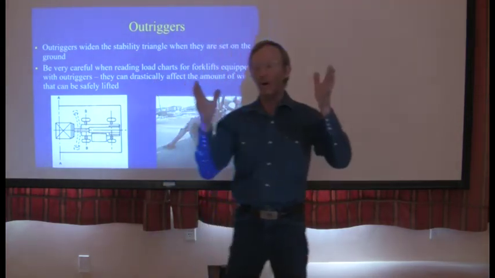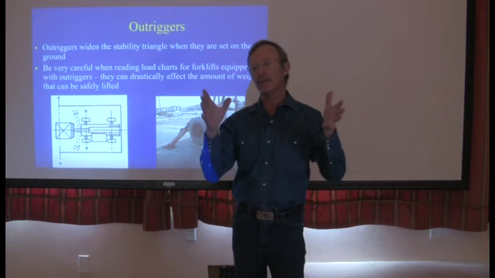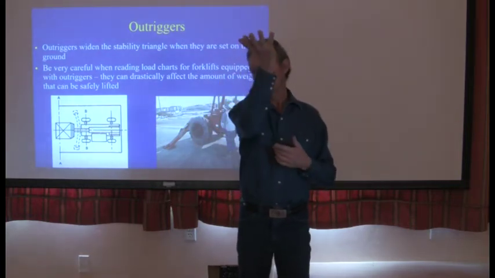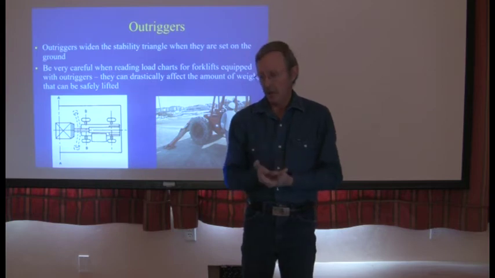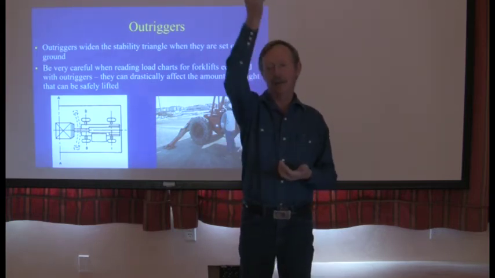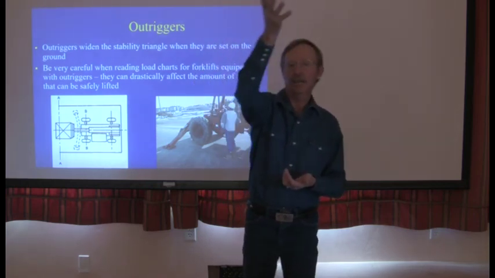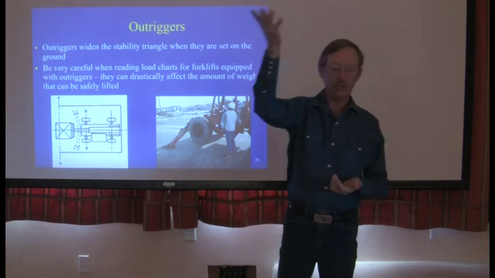So always take your time, no matter how many people are waving at you and pushing you and trying to hurry you, to bring your entire load all the way down low, adjust your outriggers, and then take it back up. Do not move it while it's up in the air, because it's going to be a huge movement.